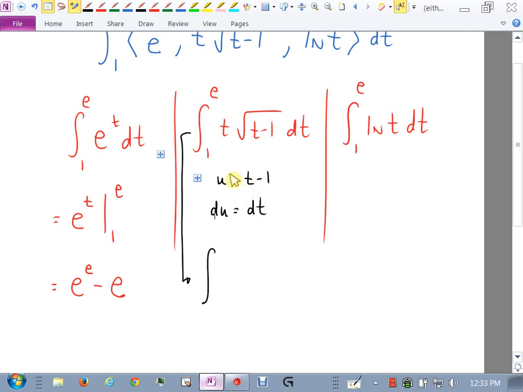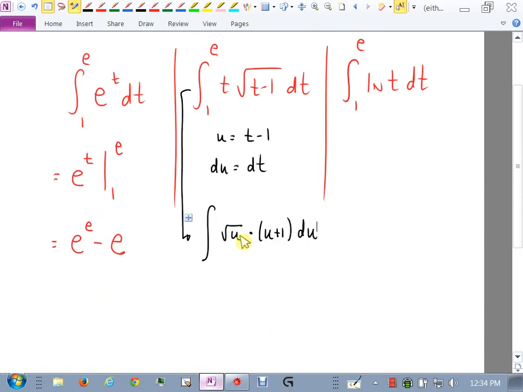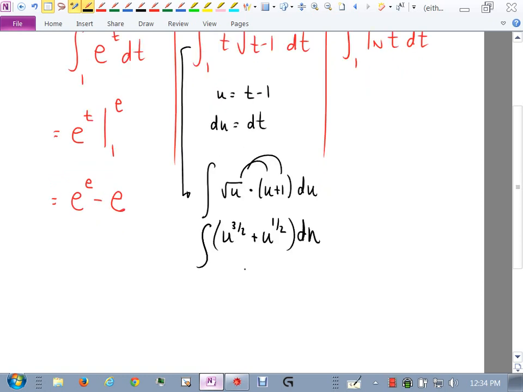If t minus 1 is u, then we have a square root u there, don't we? But what is t? Solve this for t, get u plus 1. And what's dt? It's du, right? Y'all see what I did there? And now these are all powers of u, right? Like you could distribute this through. This becomes the integral of u to the 3 halves plus u to the 1/2 du. And then you could take it the rest of the way. I'm not going to do it. But that's just to show you that one just went with the basic substitution.